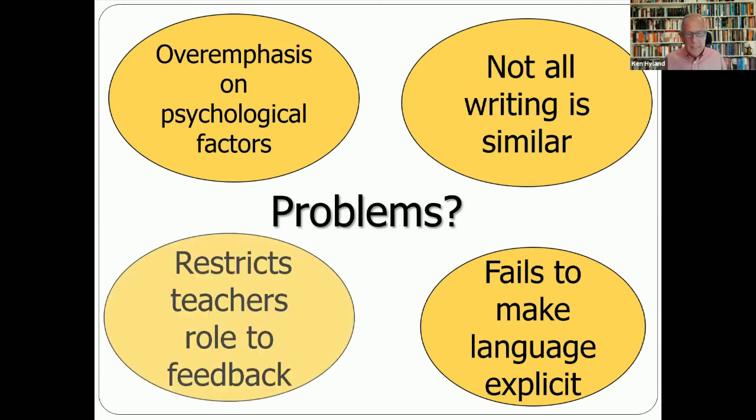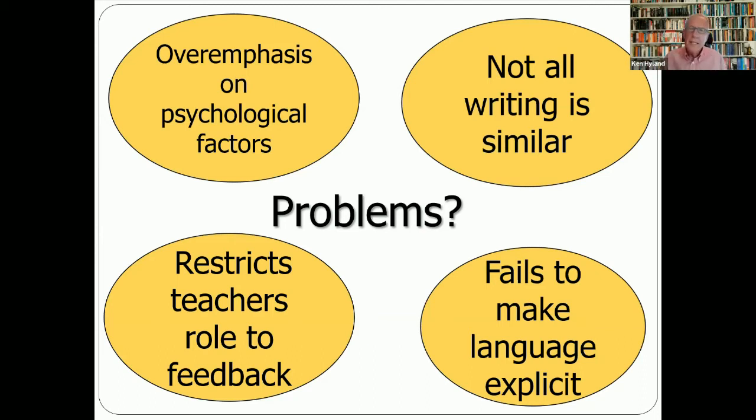And finally, I think the process approach really disempowers teachers. This is a model of learning based on personal freedom, self-expression, and learner responsibility, all of which might be crushed by too much teacher intervention. So this reduces the teacher to a kind of well-meaning bystander who assigns a task, stands at the side, waits for the student to finish, and then comes back and gives feedback.